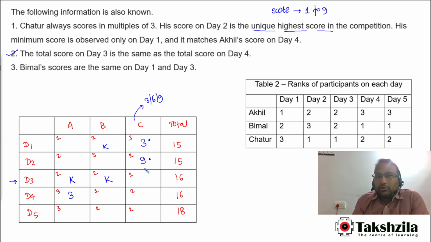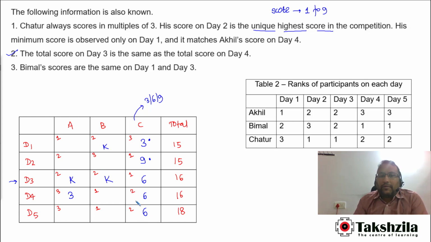His minimum score is observed only on day 1. It means Chatur is going to score 3 only on day 1, and on no other day is he going to score 3. On no other day is he going to score 9. It means on all other days he is going to score 6 compulsorily. This is what we can conclude over here.